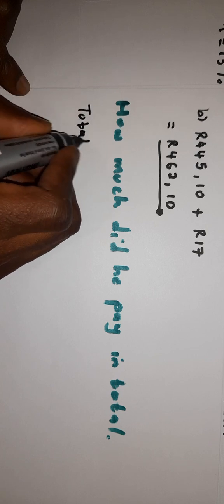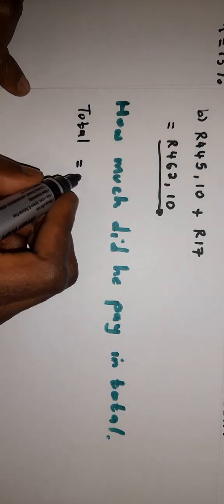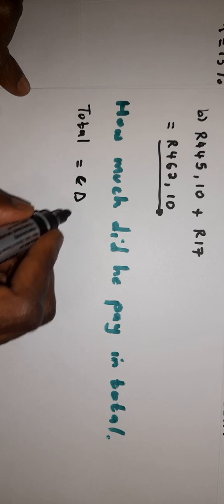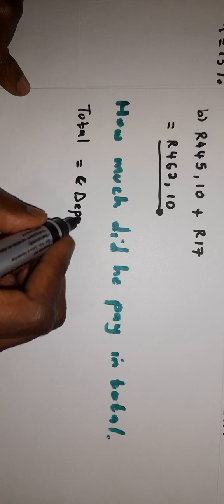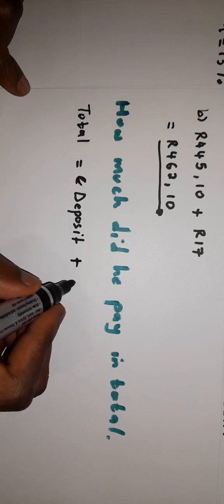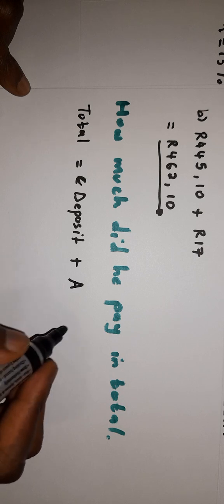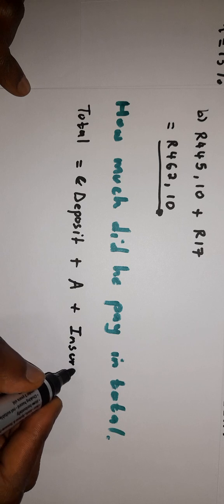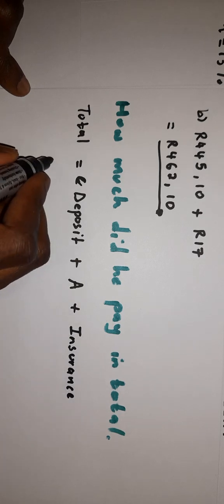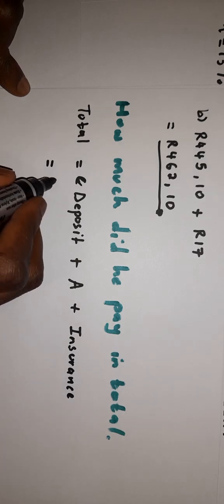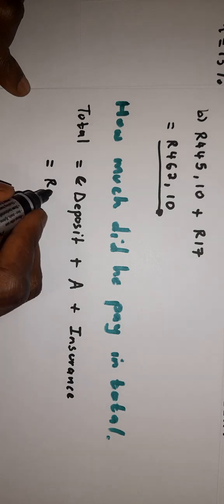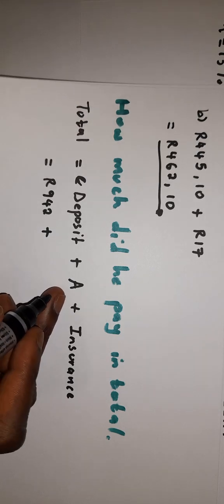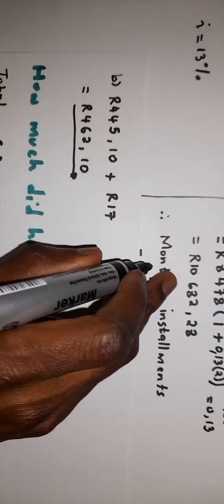So the total that he actually paid is going to be the deposit, the one that has earned interest, which is our accumulated amount, and the insurance. Right, we knew that he paid a deposit of 942 rands, and then the one that has earned interest is the one that we talked about here.